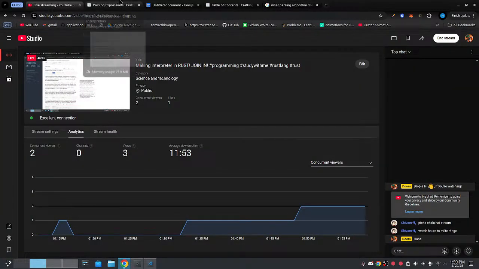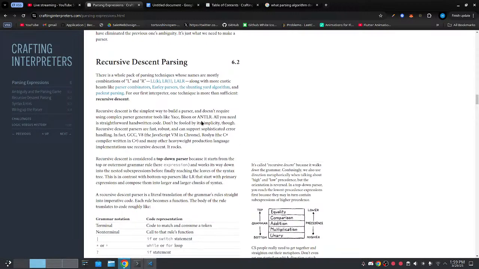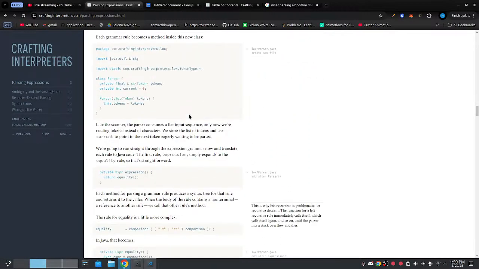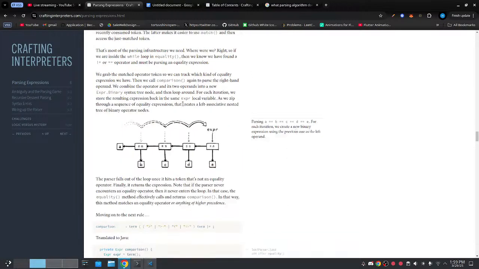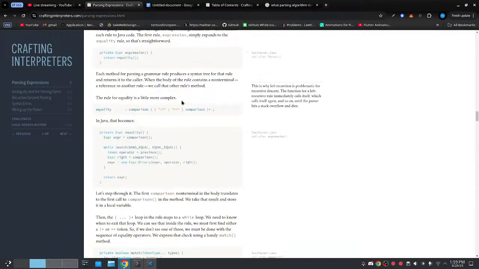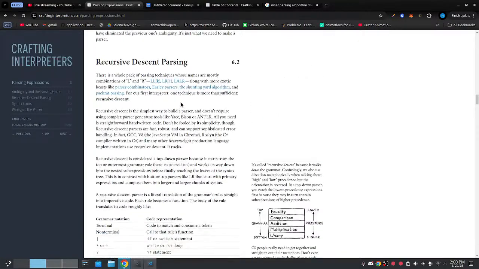You can see here recursive descent parsing. So here comes some coding involved. From now on we would be coding. Let's see. Okay, this we have done. For our first technique, more than sufficient is recursive descent.